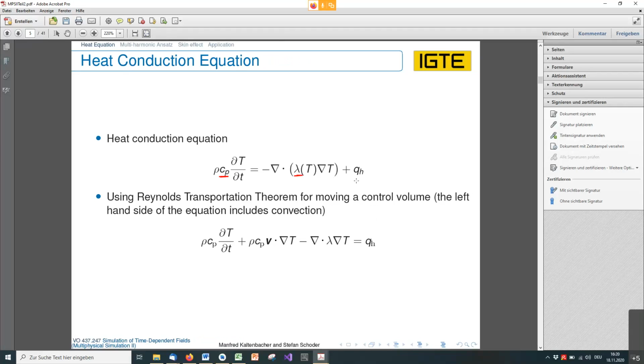Okay, excellent. And then we bring in the power QH into the volume. Exactly, and we apply the power loss. So the losses enter here at the QH, and that's how we couple the stuff. So this is derived from the eddy current, right? Yeah, exactly.